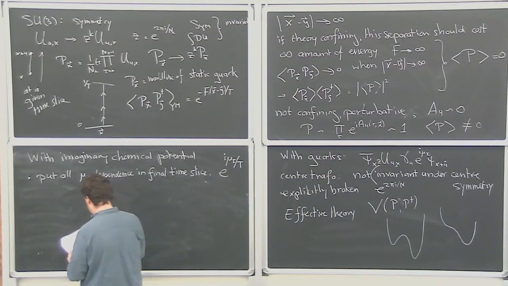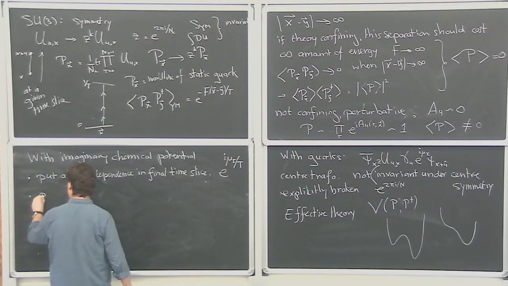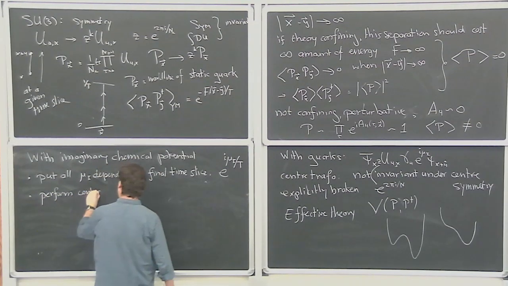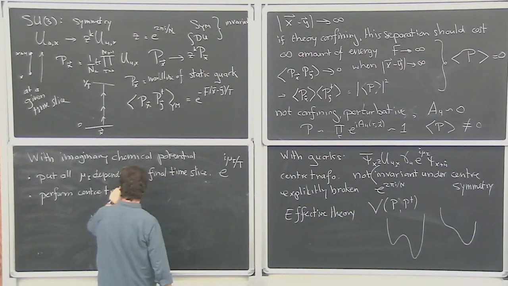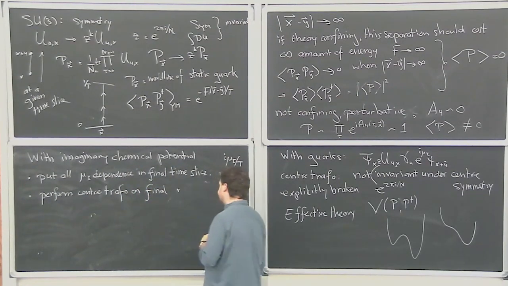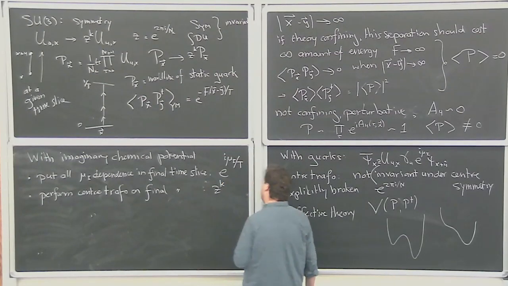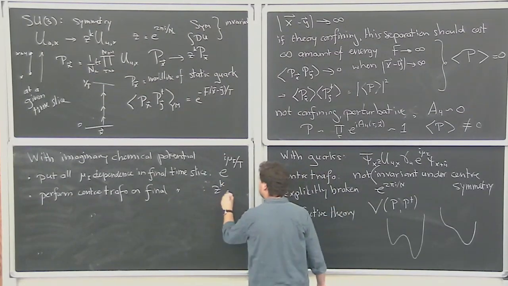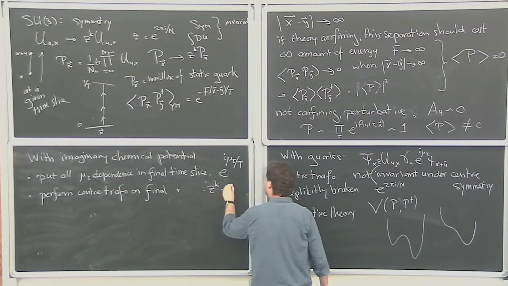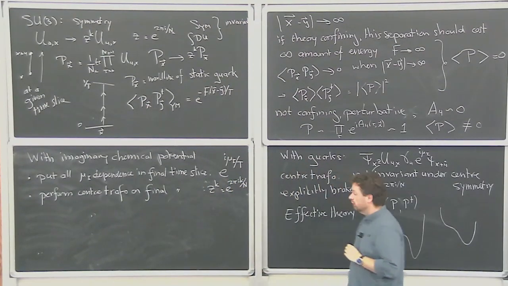And then we also perform the center transformation on the final time slice. So I have there a factor z to the k, which is equal to e to the 2 pi i k over n, where n is the number of colors.